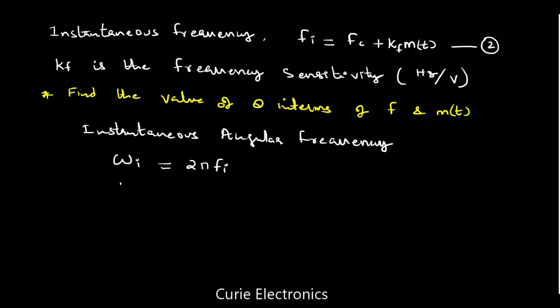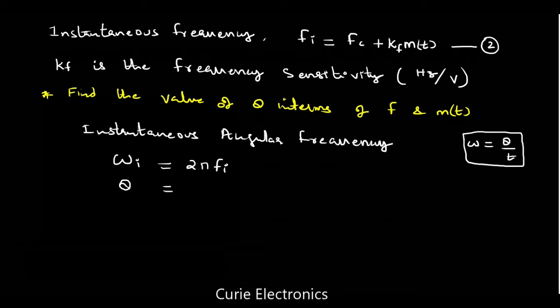Now what is theta? Theta we have written here. Omega equal to theta upon t. From this equation, what is theta? Theta equal to omega multiplied by t.